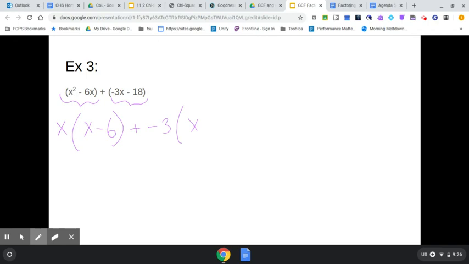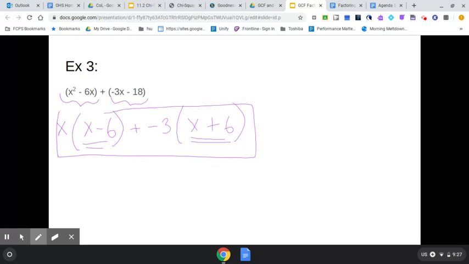And negative 3 times what will make negative 18? Negative 3 times positive 6 will give me a negative 18. Taking a look at those residual factors, oh guys, they're so close, but they do not match. So box it. That is our final factored form.